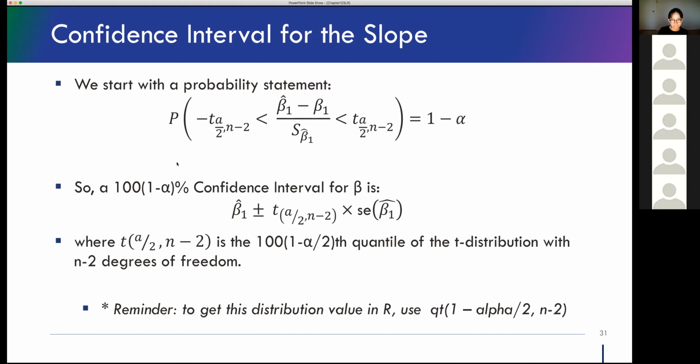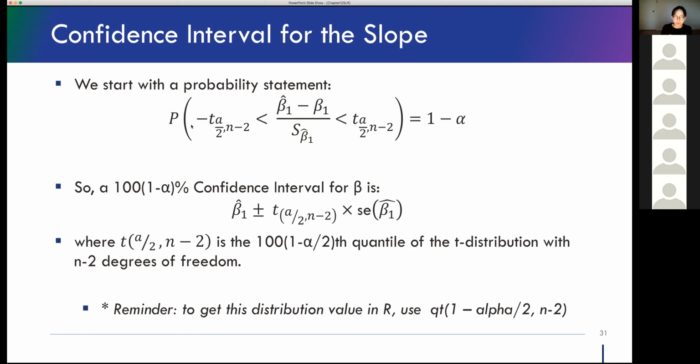We can also get a confidence interval in this scenario because, as we know, beta 1 hat has a t distribution or a normal distribution depending on whether sigma is known or unknown.